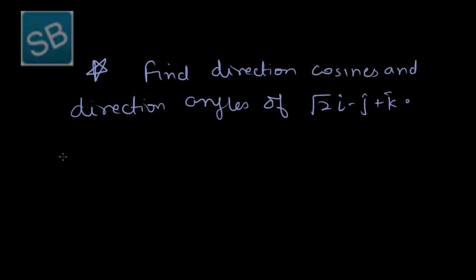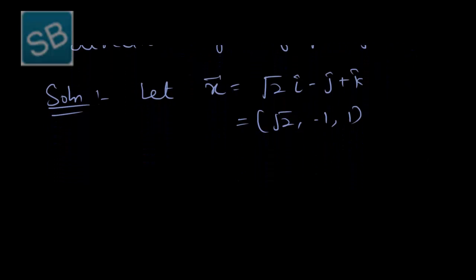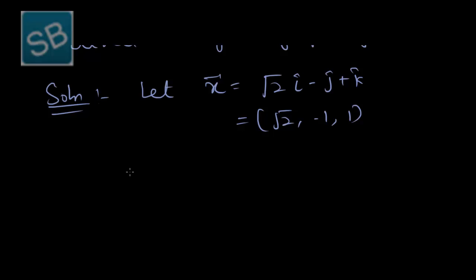Now we have here, let vector x equal √2 i minus j plus k, which can be written as (√2, -1, 1). To find its direction angles and direction ratios, we have to find its magnitude.